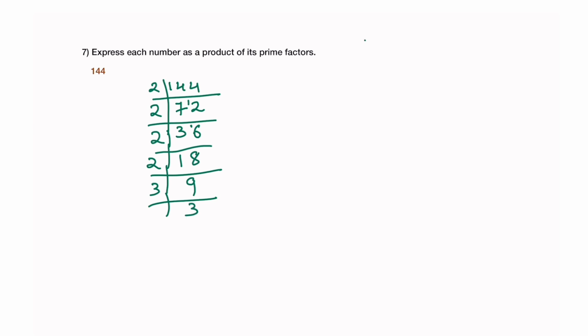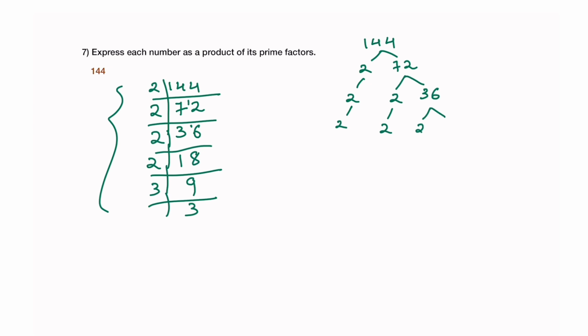Okay? So let's do this here, the second method, 144. That's 2 times 72. Then you write this 2 as it is. This is 2 times 36, right? Now this method becomes easier because I've done this here. So that helps me, okay? And then we say 2, 2 again. This becomes 2 times 18. That's 2, that's 2, that's 2.